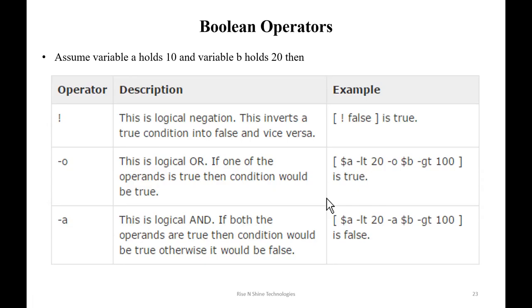Suppose my first condition is true, then I don't need to check the second condition. Correct. Because once this is true, whether the second statement is true or false doesn't matter for me. The statement is going to become true. This is the OR.